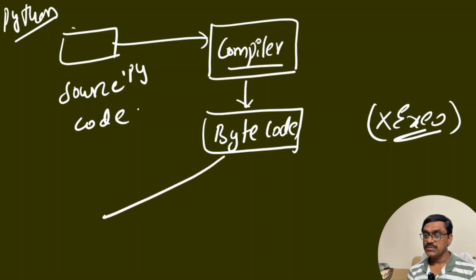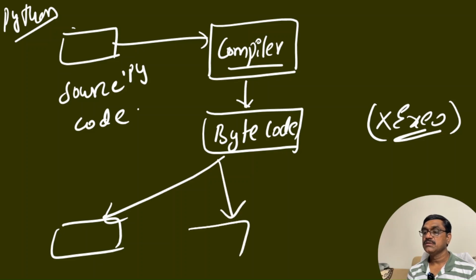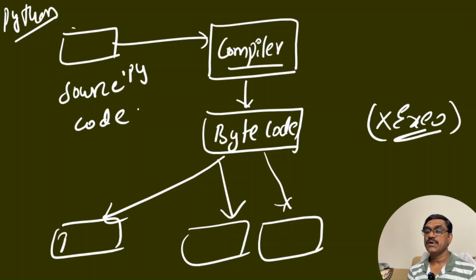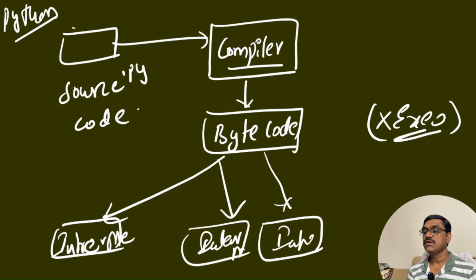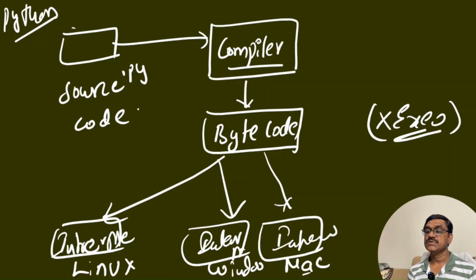Now, this bytecode can be executed on any other machine by installing the corresponding interpreter there. Here we have an interpreter, and here also. Assume this is a Linux machine, this is a Windows machine, and this is a Mac machine. Though we have different operating systems, by installing the interpreters in the corresponding machines, this bytecode can be executed.